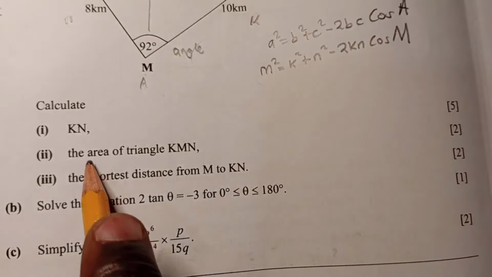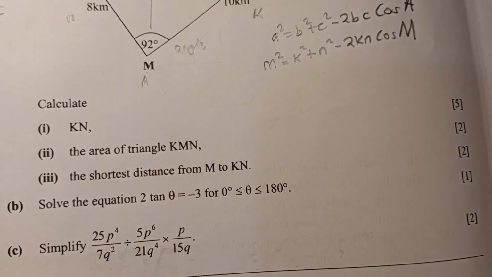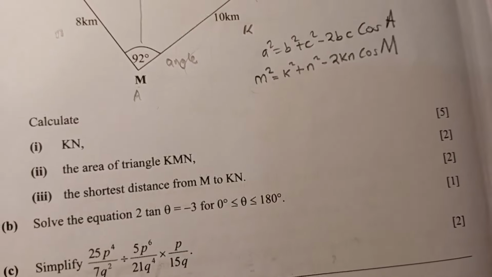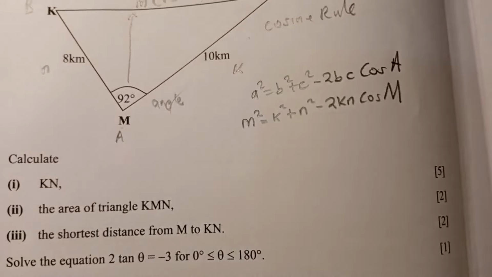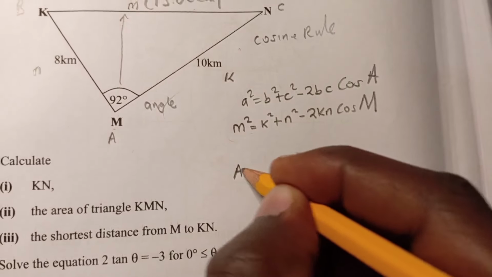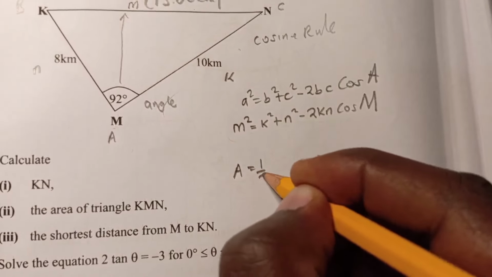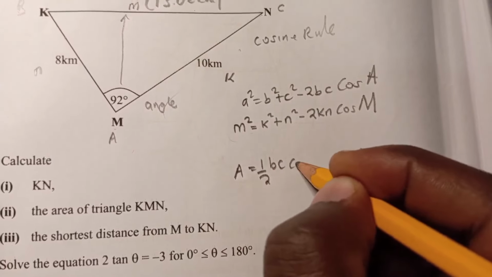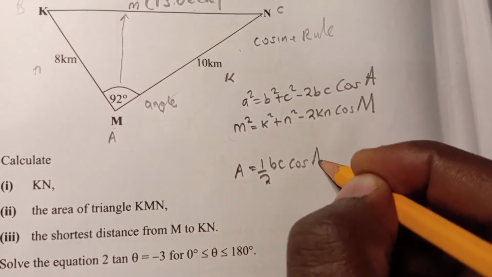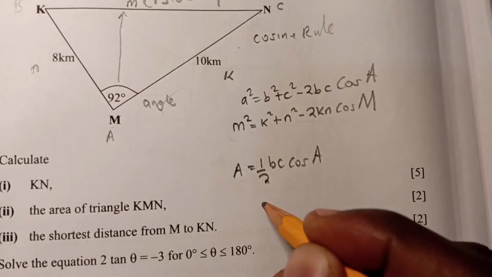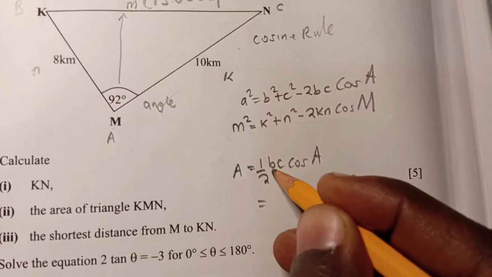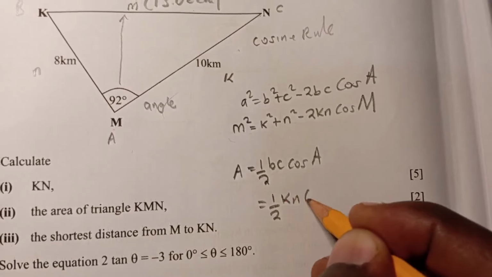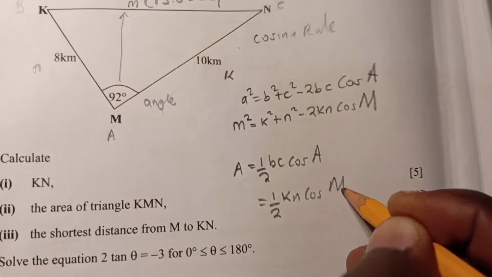Find the area of the triangle KMN. Okay. So for area, the formula we use is simply area is equal to half bc cos A. Now in this case, you remember our b is k, so it's going to be half kn cos m.